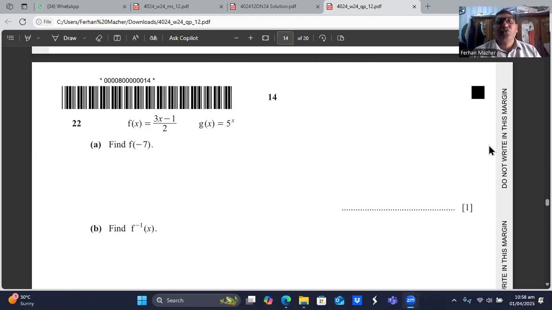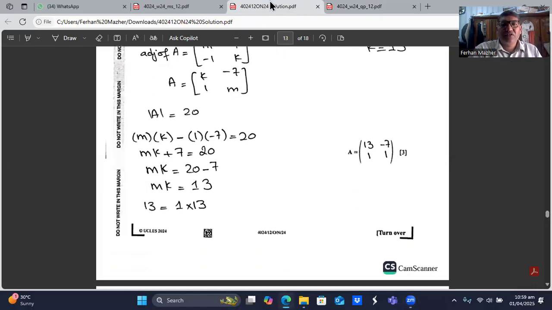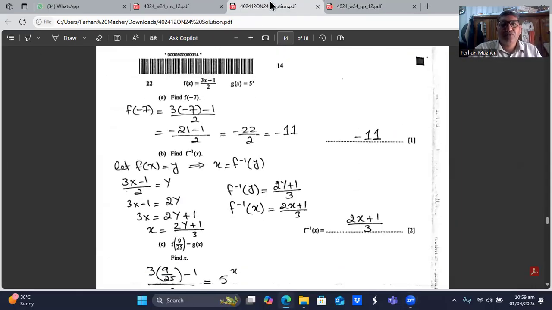F of x is equal to 3x minus 1 by 2, whole thing divided by 2, and g of x is equal to 5 raised to power x. The first question is the a part: find f of minus 7. So in this function, wherever there is x, substitute it with minus 7. So it's a very simple question. Let me show you.